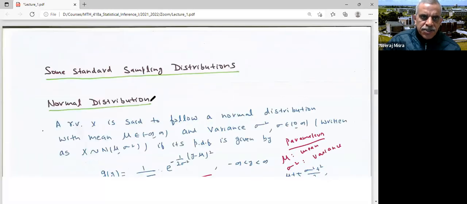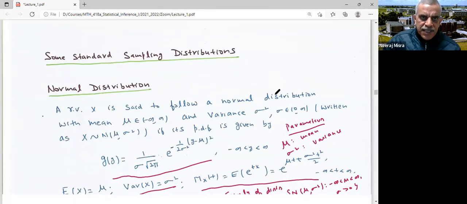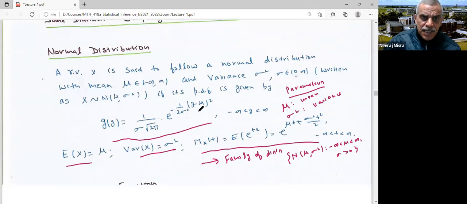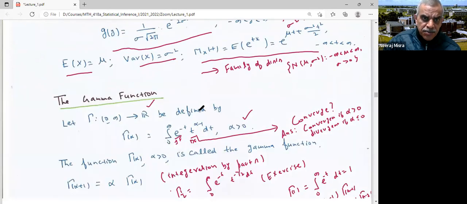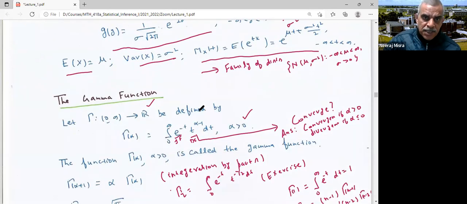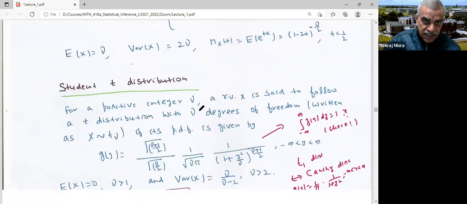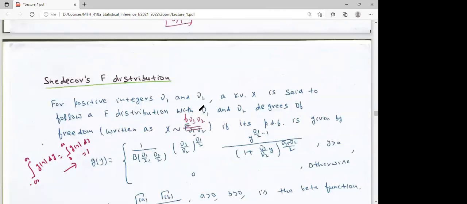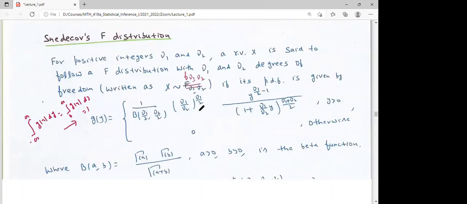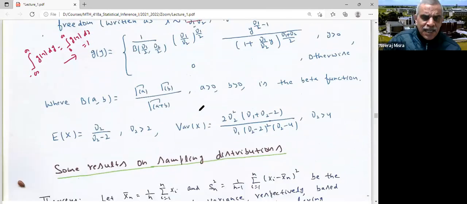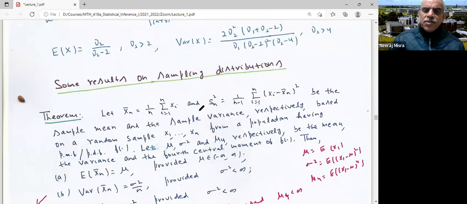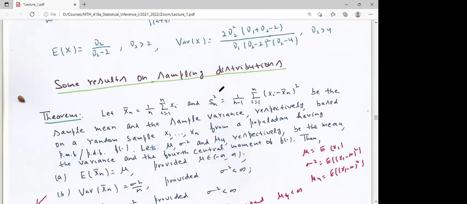Then we talked about some popular standard sampling distributions like the normal distribution, the gamma distribution, the exponential distribution, the central chi-square distribution, the student t distribution, and the F distribution. And then I started doing some results on sampling distributions.